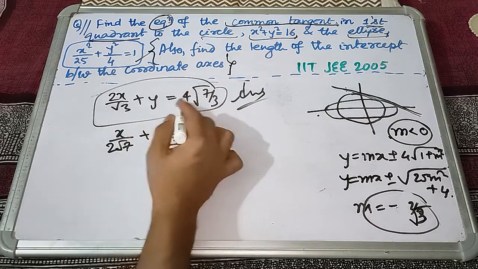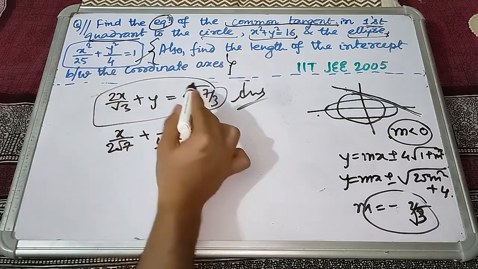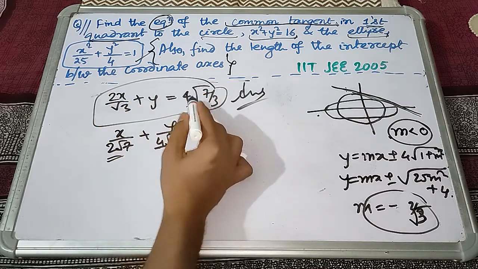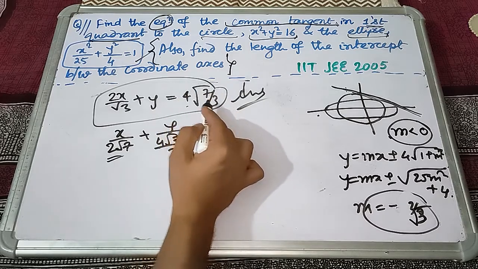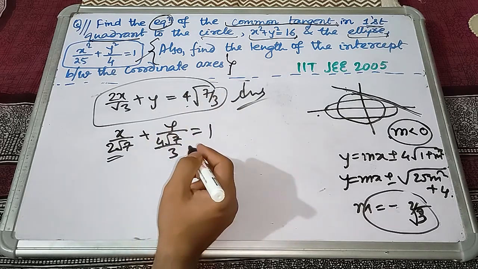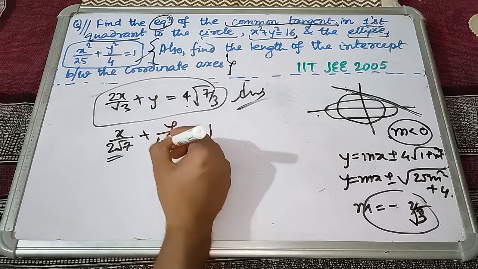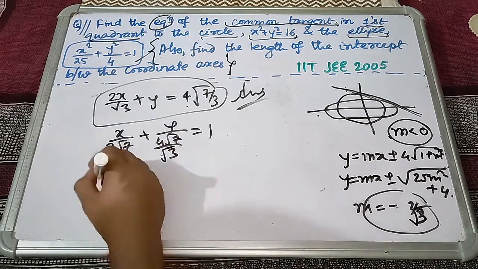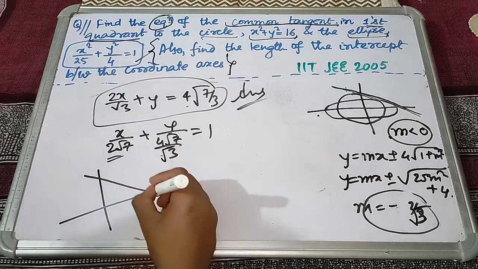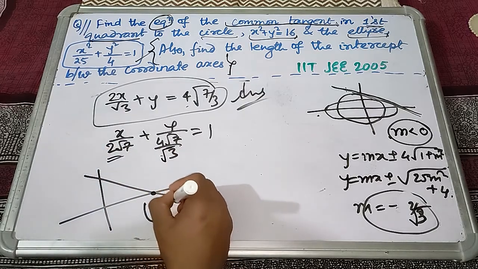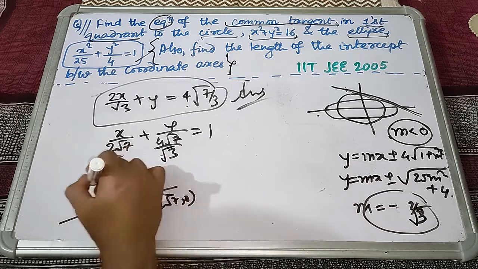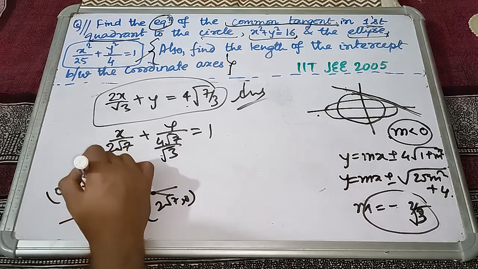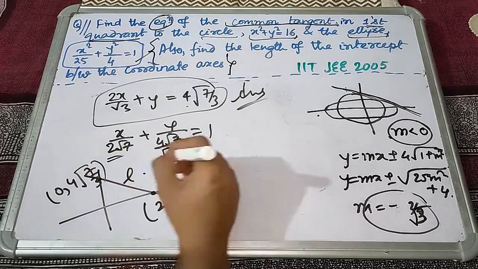The √3 cancels, and the 2 and 2 cancel, giving 2√7 and 4√(7/3). So the tangent meets the axes at (2√7, 0) and (0, 4√(7/3)). What is the length?